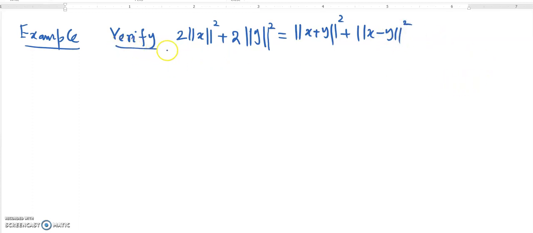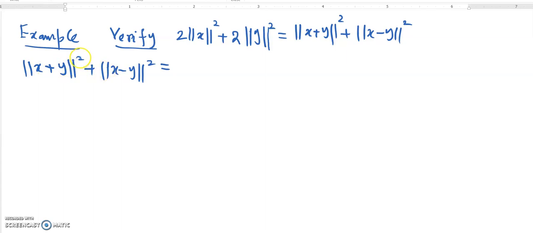Okay, so if we want to verify this expression, how can we verify it? We can start from the right hand side, which is x plus y norm square plus x minus y norm square. According to the definition of the norm, x plus y norm is equal to square root of x plus y dot x plus y.